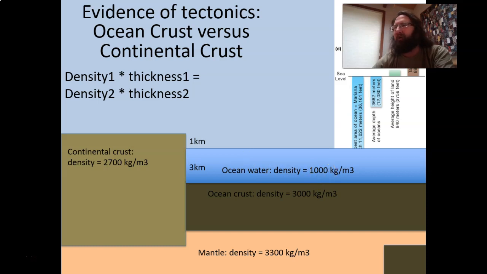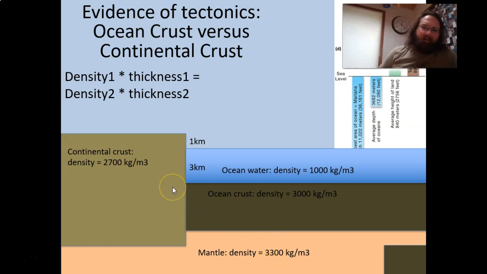It's probably actually 1,030, but we're not going to worry about that 30 for this part of the lecture. So what we can do here is say that density 1 times thickness 1 will equal density 2 times thickness 2. In this case, density 2 is the density of your mantle rock, the peridotite, and peridotite has a density of 3,300 kilograms per cubic meter, or thereabouts.